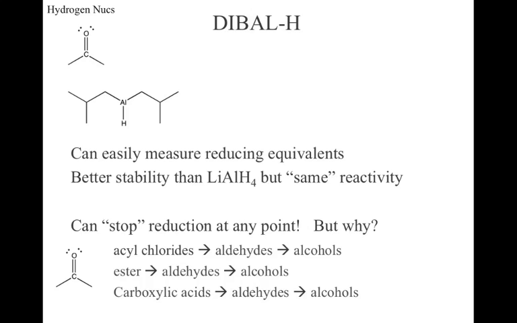Well, if we compare the reactivity of, say, an ester functional group to an aldehyde, when we look at our DIBAL, what we're concerned about is the oxygen coming in and doing the attack, which means the ester oxygen is actually more nucleophilic due to that resonance. Which means I can go from an ester to an aldehyde and I can stop at the aldehyde because the aldehyde is actually less reactive than the ester.